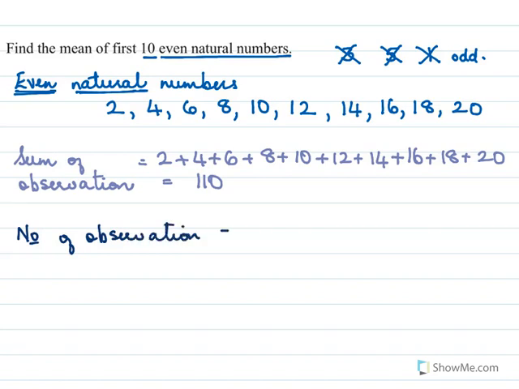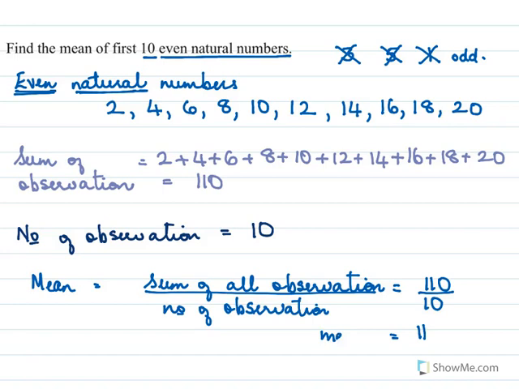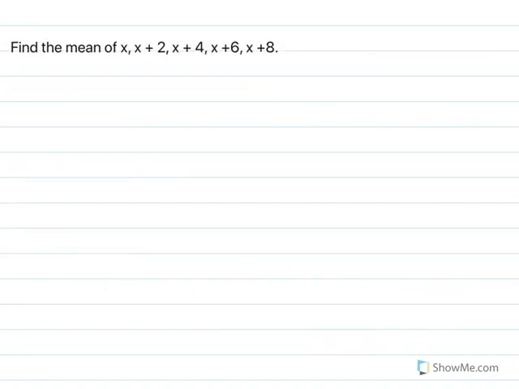We know there are 10. They said 10 even natural numbers. So the mean equals sum of all the observations divided by number of observations, and the sum is 110, number of observations 10, the answer is 11. So the mean equals 11.